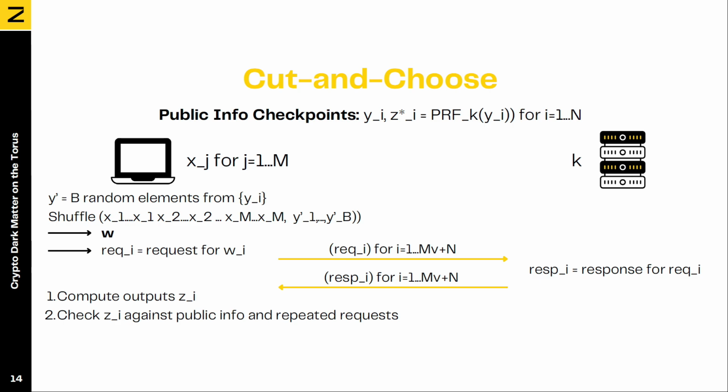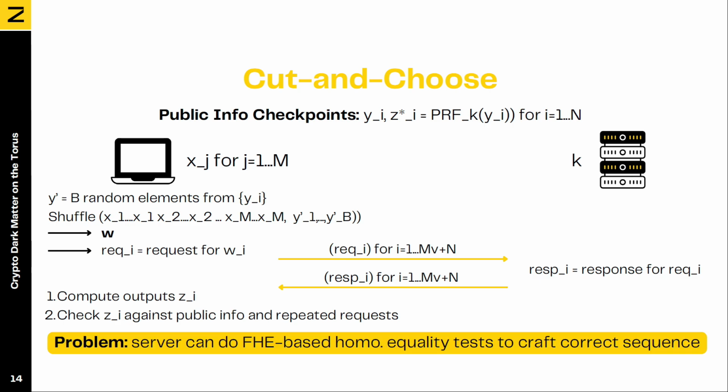In particular, repeated inputs should correspond to repeated outputs, and inputs that are checkpoints should correspond to outputs that are correctly evaluated checkpoint outputs. OK, so in the normal setting, this is how you would run this cut and choose approach.